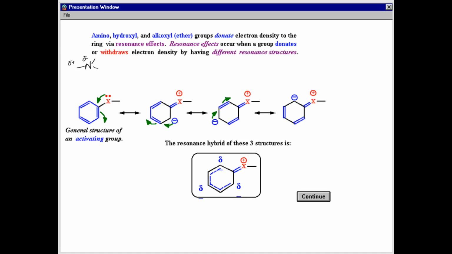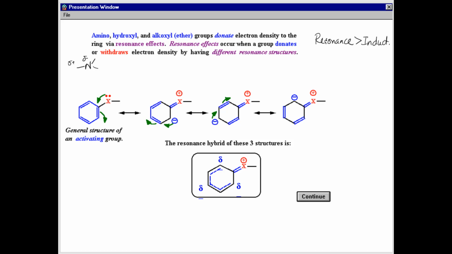But it's going to push electron density into the ring through resonance. And what we always find is that resonance effects are always more powerful than induction. So even though you put an electronegative element like nitrogen on the benzene ring, this resonance donation dominates.